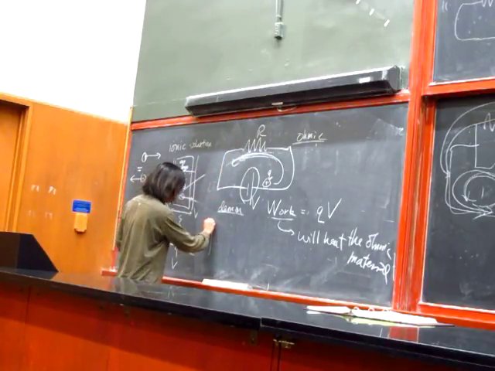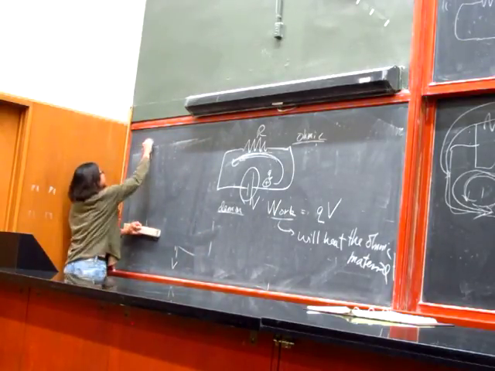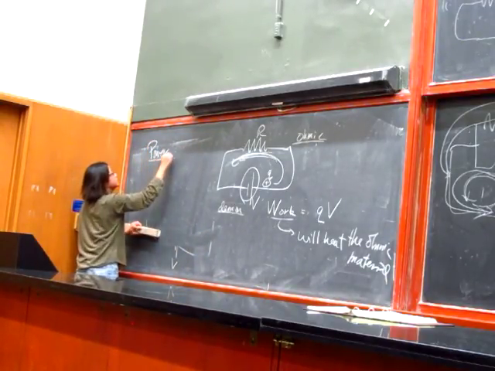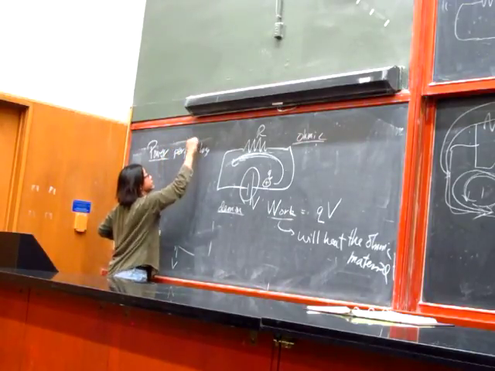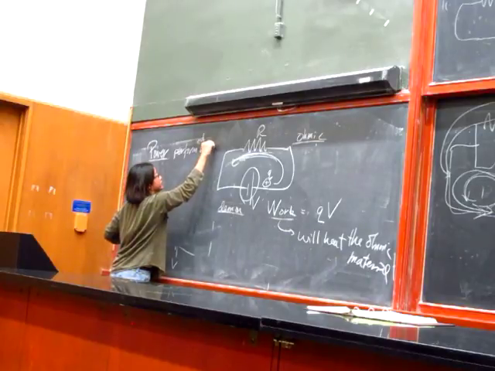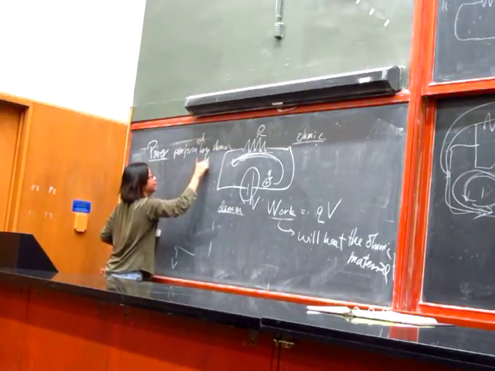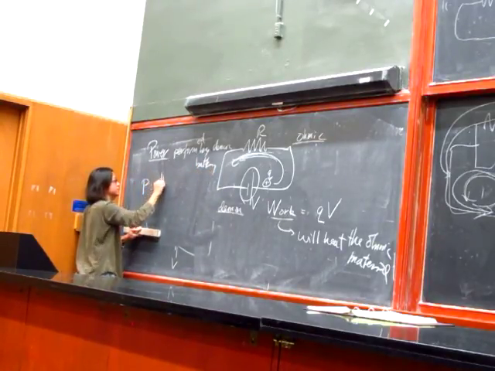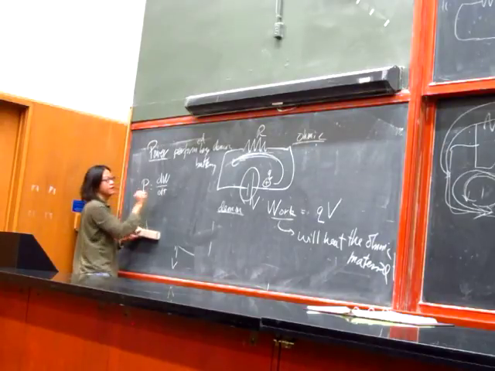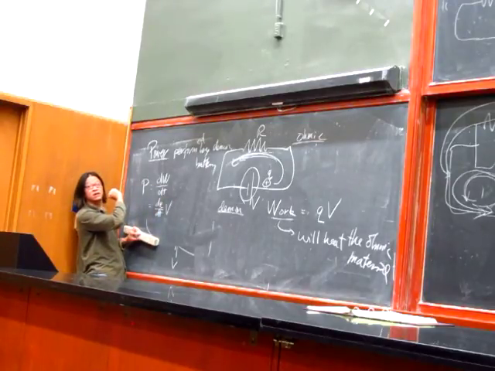And power, this is power performed by the battery, like a demon, or battery. Power is just the rate of work done, right? It's dW/dt, so this becomes just dQ/dt times the potential, right?